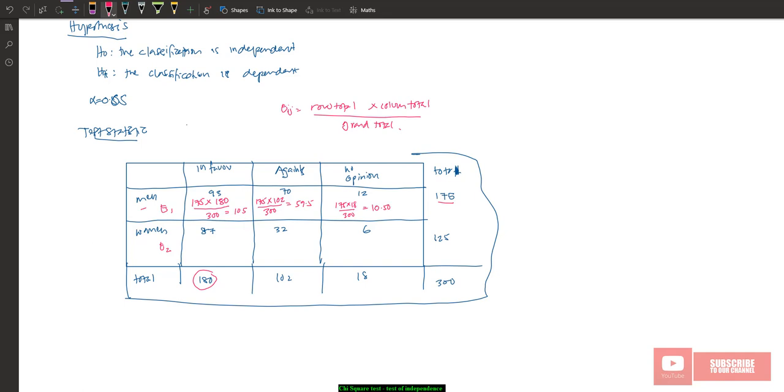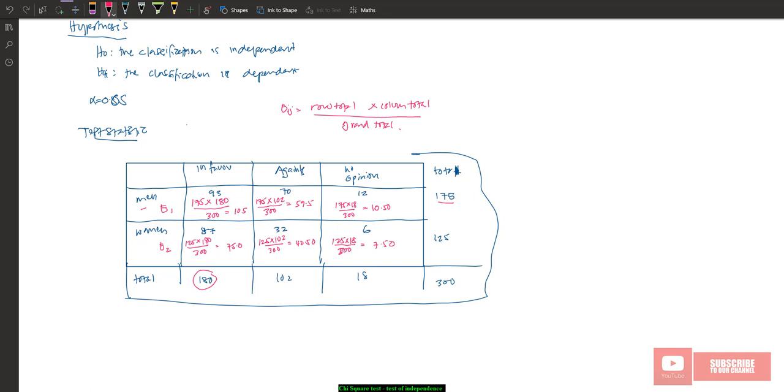We can continue to do this one. 125 multiplied by 180 divided by 300 equals 75.0. And then this one, 125 multiplied by 102 divided by 300 equals 42.50. And the last one is 125 multiplied by 18 divided by 300, which should be equal to 7.5.